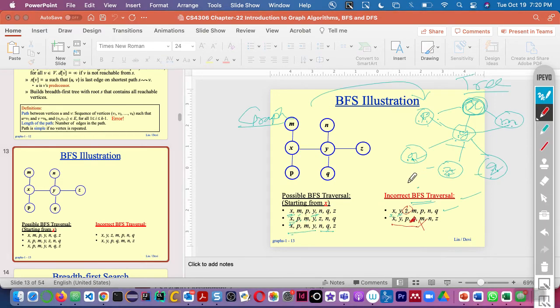Okay, so now we consider starting point X. We may consider starting point Y also, right? In that case, the sequence will be different. If you start from Y, then tell me someone. It's easy though.